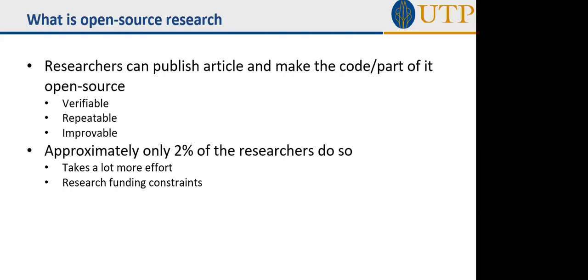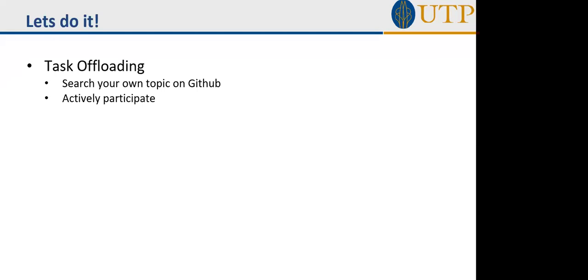So sometimes, based on the requirements of research funds, the supervisors or authors will not be willing to provide their code as open source. So these are the constraints. That's why only a limited percentage of researchers do open source research.